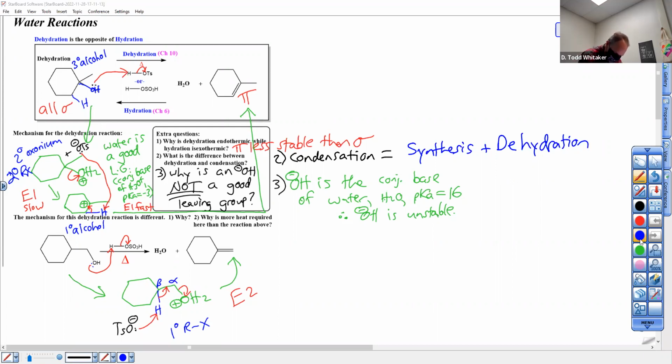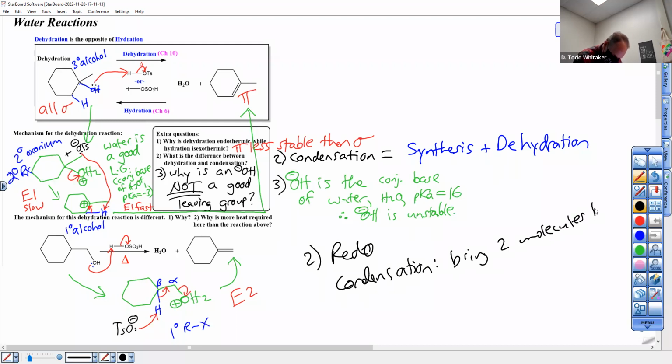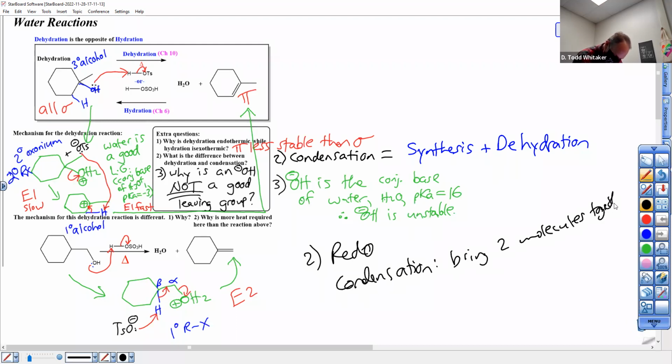Definitions. You want question 2 redone with definitions? Condensation: bring 2 molecules together to make a bigger or larger molecule while also losing a small molecule.